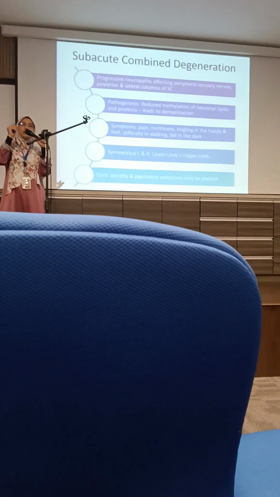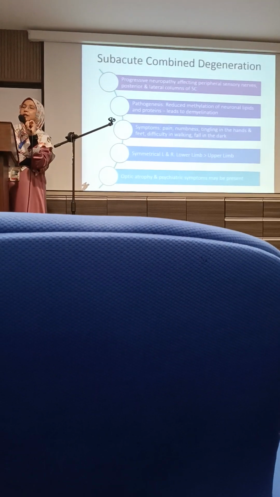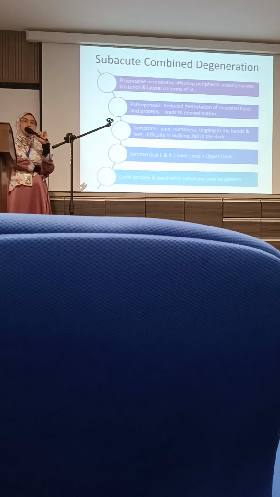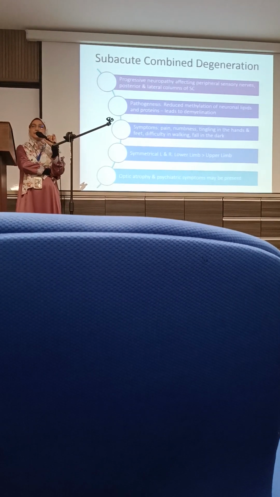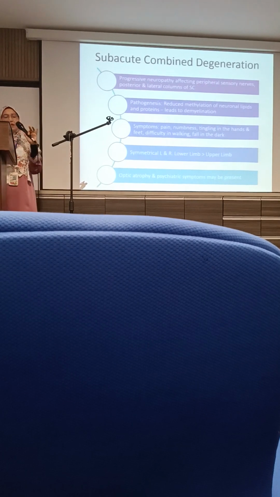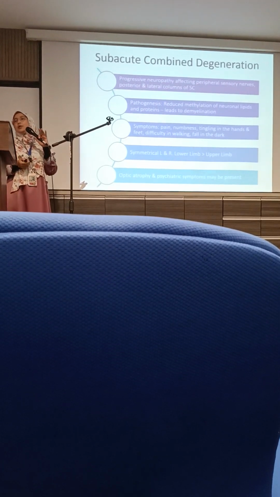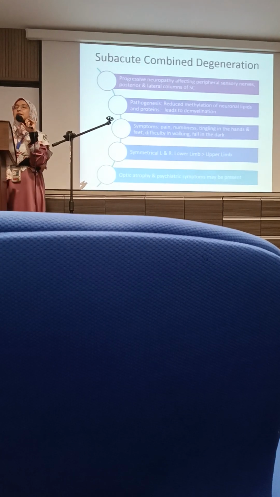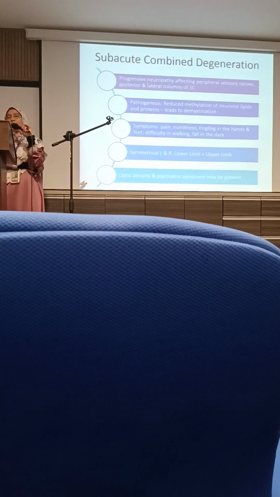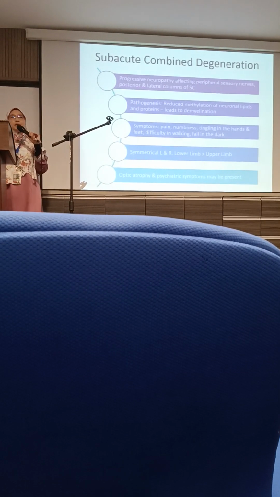Dia rasa macam cucuk-cucuk dekat hujung kaki dan tangan, and they have difficulty in walking and fall in the dark. Sebab dia ganggu dia punya balance juga. And usually it is symmetrical, left and right sama, and lower limb is more affected than the upper limb. You can also have optic atrophy and psychiatric symptoms like depression.